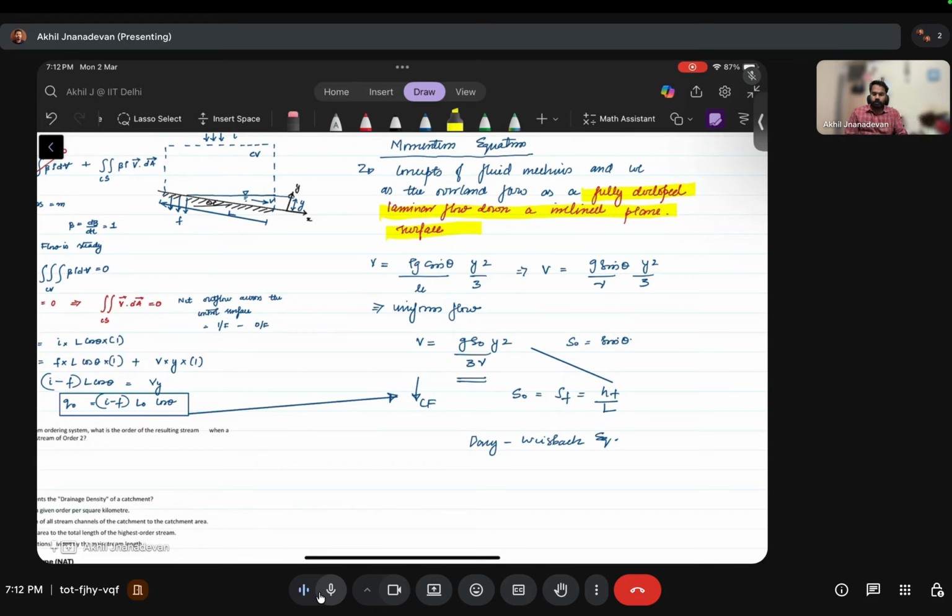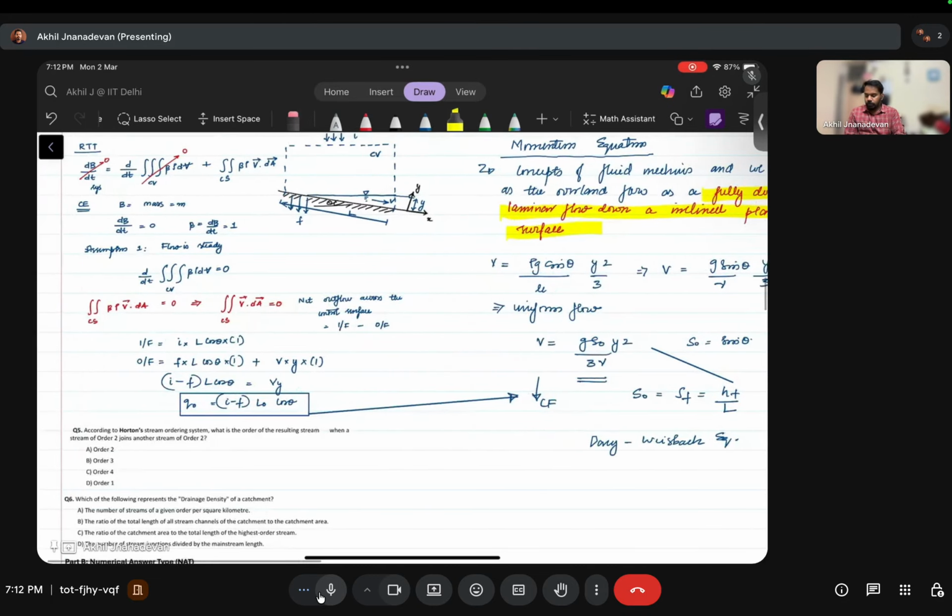There, for deriving the momentum equation, we assumed that the flow is similar to a laminar pipe flow in a closed conduit. So similarly, here we are assuming it as a fully developed laminar flow down an inclined plane. Okay, then we are applying the fluid mechanics concept, and finally combining the momentum and continuity equations, we will be creating the relation. So you can see the options.